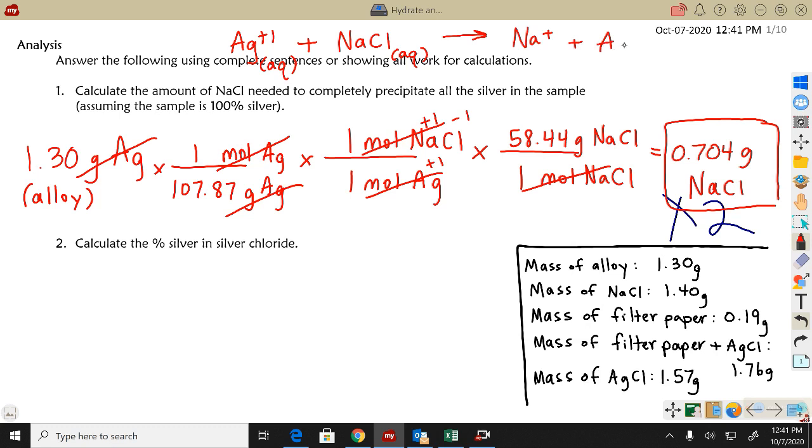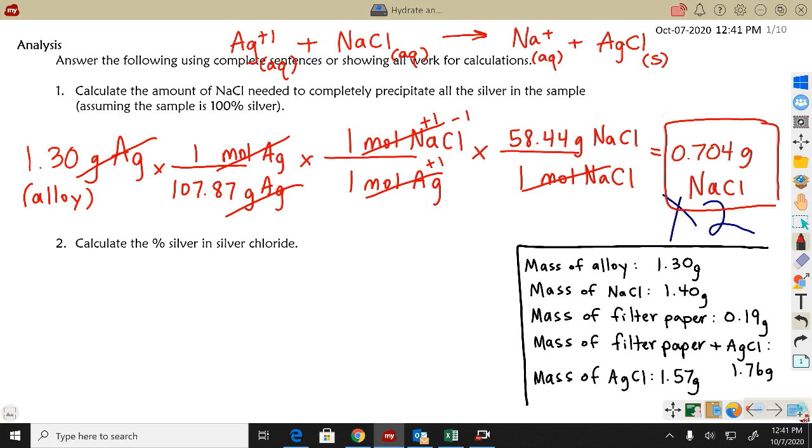And then one of your products will be the silver chloride. The sodium ions are aqueous. They eventually went down the drain. But the most important thing was this precipitate. When chlorine reacts with silver, you form an insoluble precipitate. And then that let me filter out the silver in the form of silver chloride.